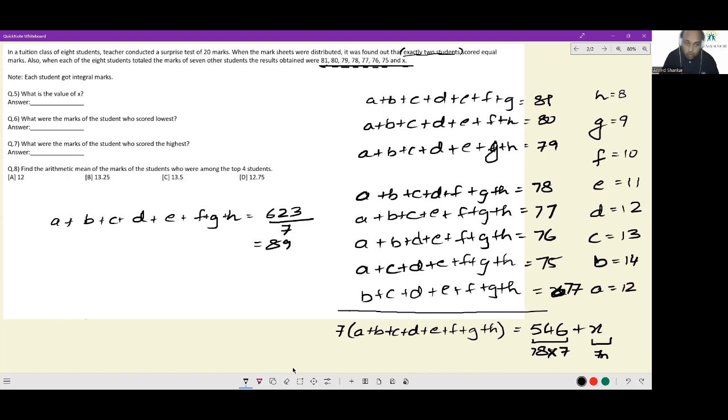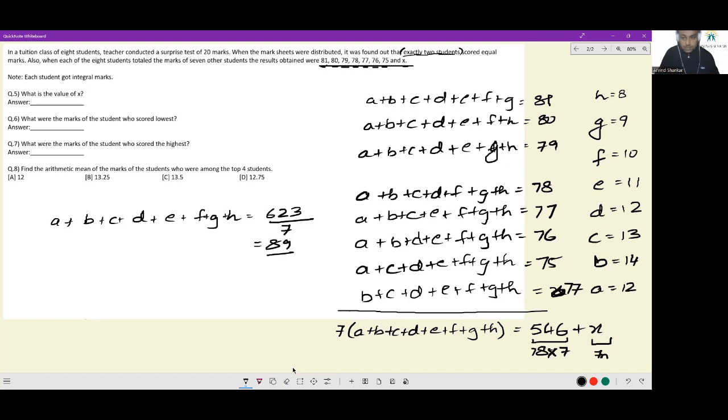All 8 kids add up to 89. If I exclude H, the sum of the other 7 kids is 81, which means H must be contributing 8 to the sum. Similarly, if I exclude G, the sum of all other 7 kids is 80, which means G must be contributing 9. Now we have all individual scores.